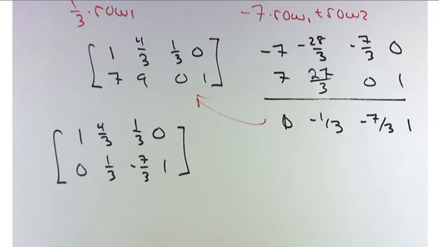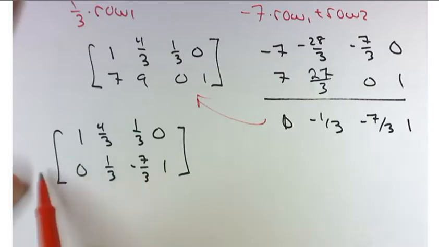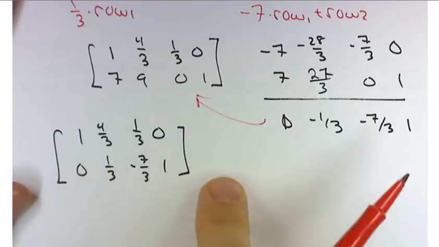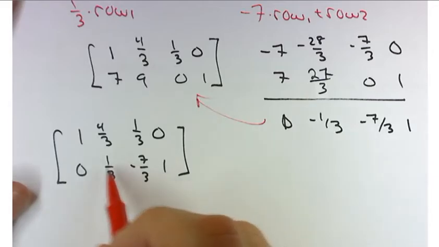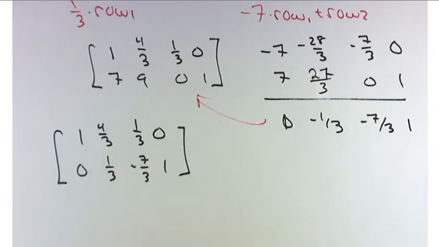Okay, making some progress. You've got a couple choices here, both of which are good. I could multiply this row by 3, and that'll put a 1 here. Wait, don't you need to do a negative 1/3? Yeah, thank you, negative 1/3.